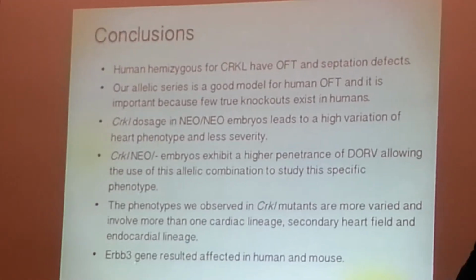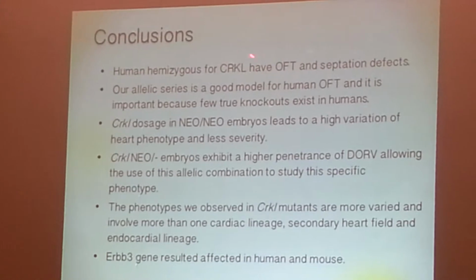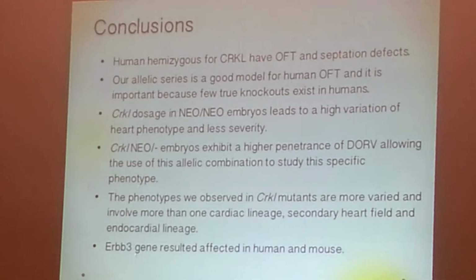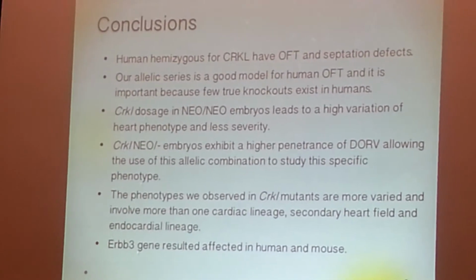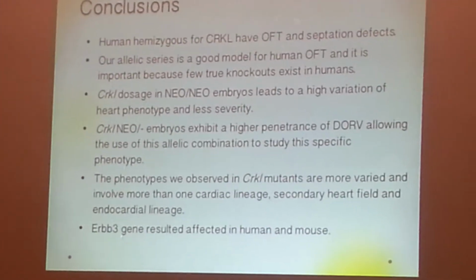The conclusions so far are that humans with endocytosis for Crkl have outflow tract and septation defects. Our allelic series is a good model for human outflow tract defects, and this is important because few true knockouts exist in humans.